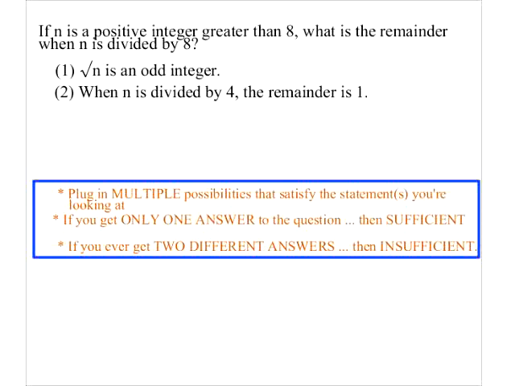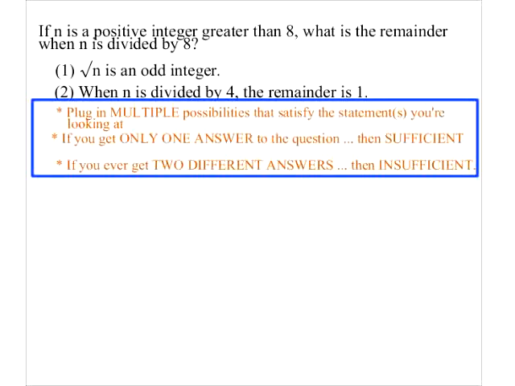For statement 1, the statement says the square root of n is an odd integer. Let's check that out. Given that the square root of n is odd, what is the remainder when n is divided by 8?